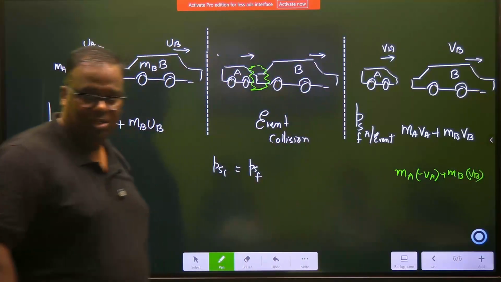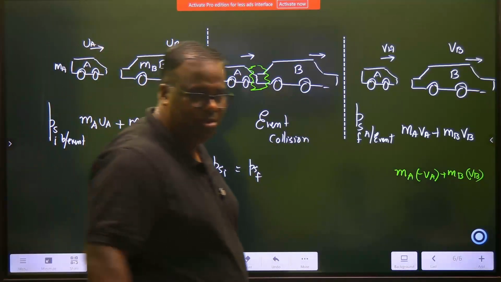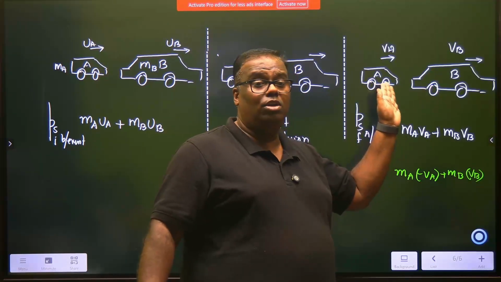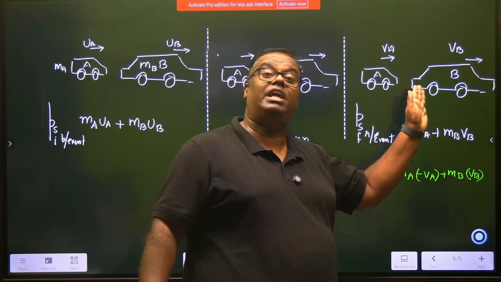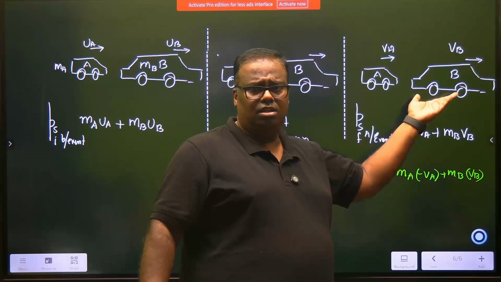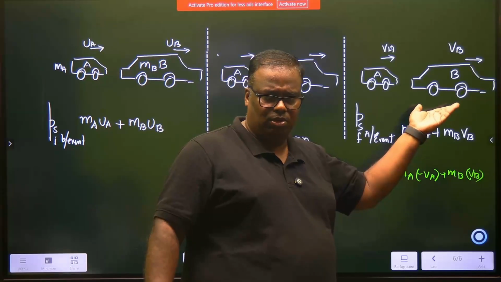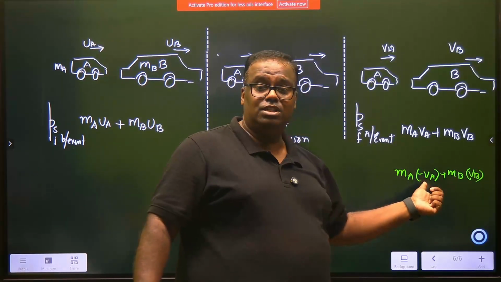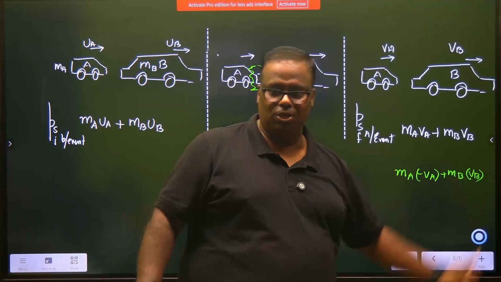Have you understood? There can be another scenario where this is an Alto hitting an army tank, and this actually stopped after the collision. He hit and came back. So it will be MA minus VA plus 0.